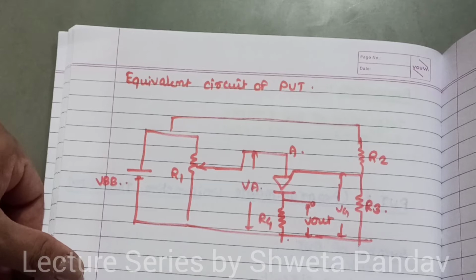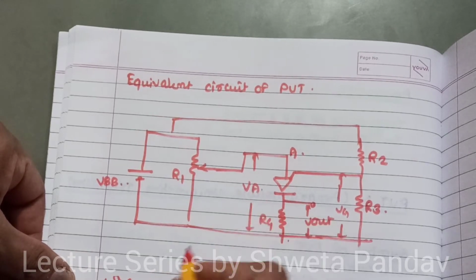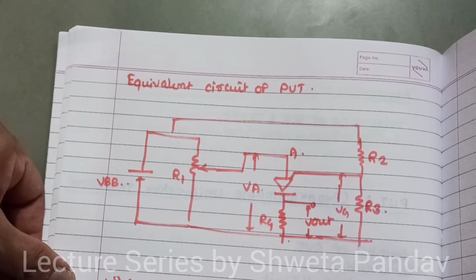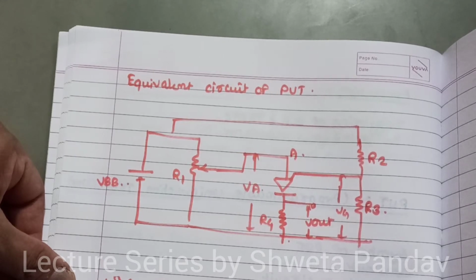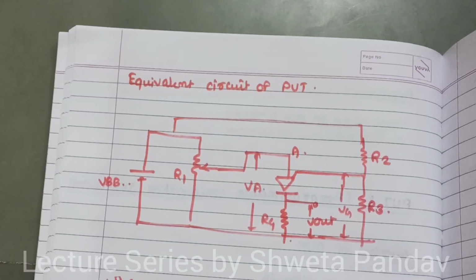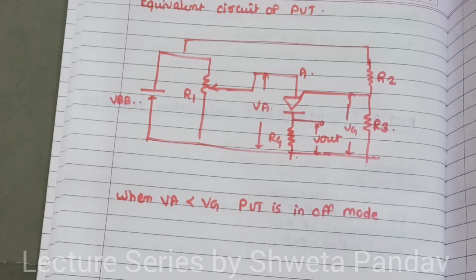Now see, when the anode voltage VA is less than the gate voltage, then PUT is in off mode. When anode voltage VA is less than VG, the PUT is in off mode.